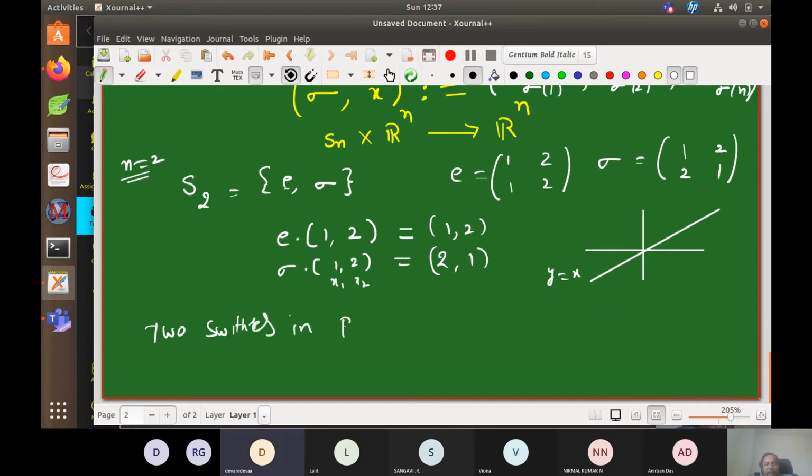We can have not two but four switches in parallel, and K4 can act on that. Okay, so you give some examples.